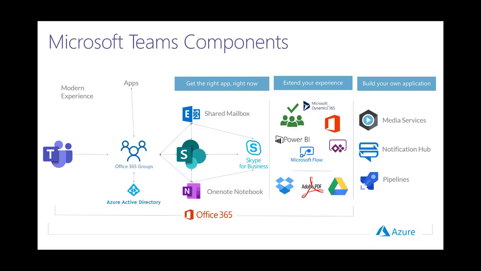Now, additional features that you can bring into here, so we're going into an extension of the out-of-the-box experience, is by being able to use the tabs in Teams to extend the capabilities of your team using Power BI or Planner or Dynamics or Flow or any of the external applications that you might have as well.